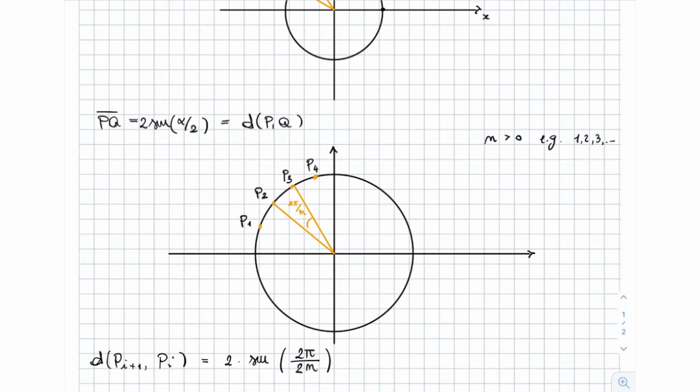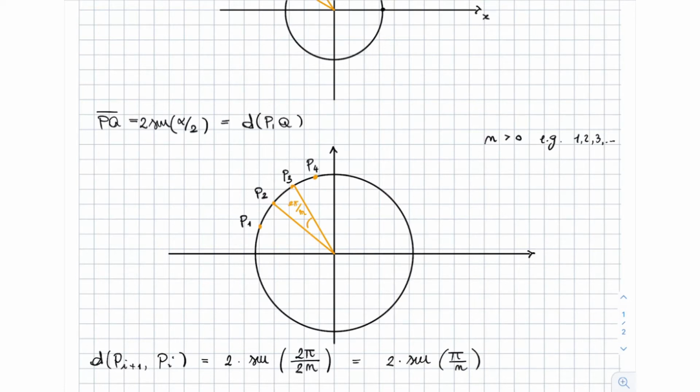And this is because as the angular sectors have all the same angle, the length of the segment connecting each two near points is always given by the formula we had before. So this can be rewritten as 2 times the sine of pi over n.